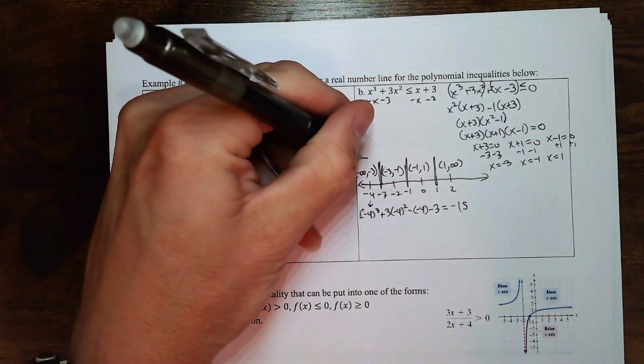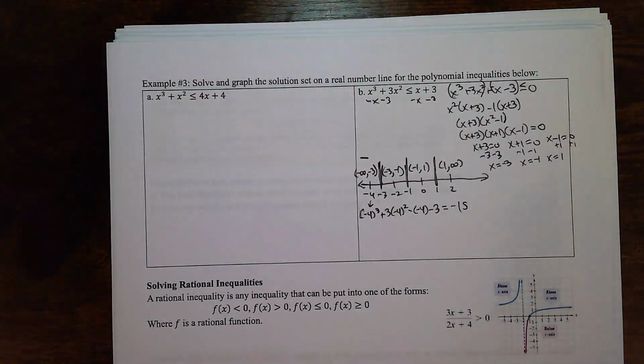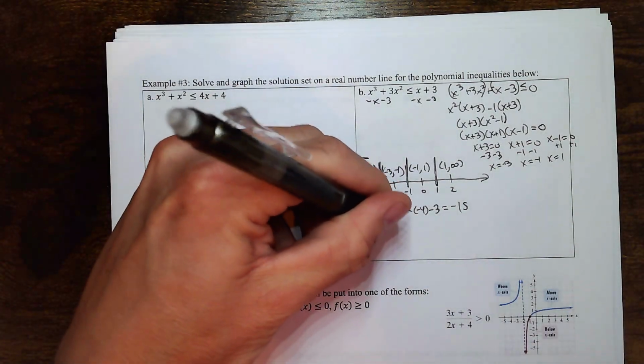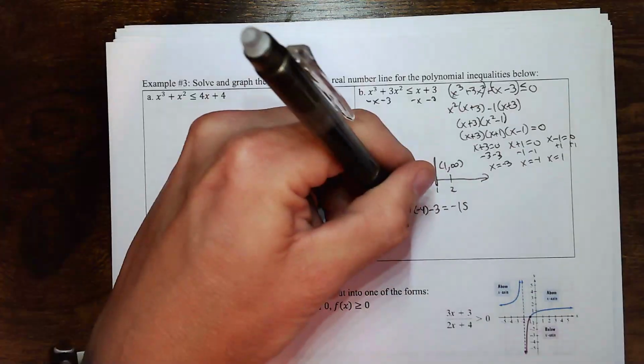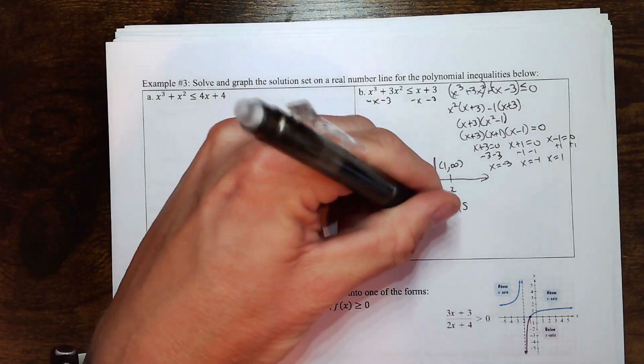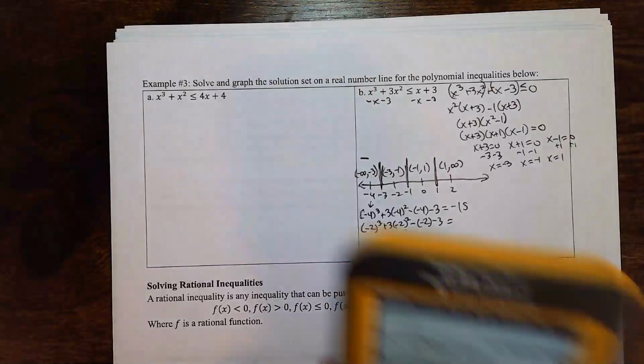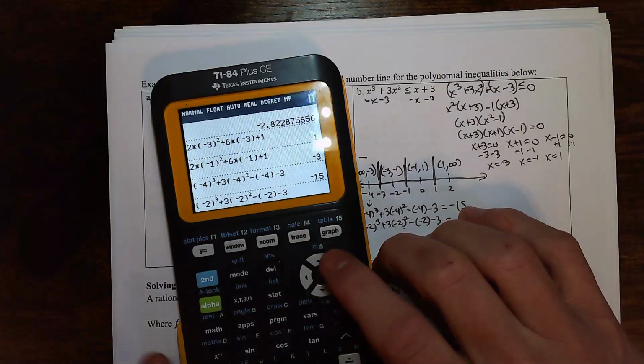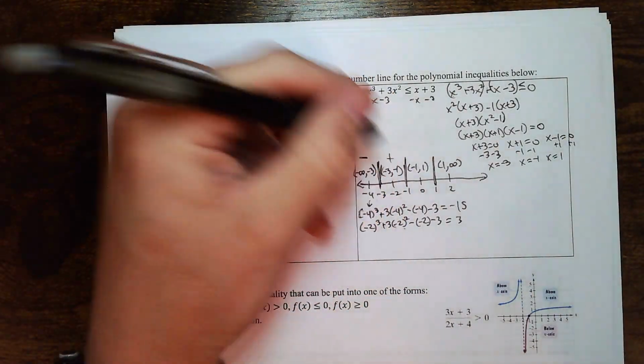So therefore, this one's going to be a negative. We'll do negative 2 for the next test value. So let's go up here and replace these with negative 2. That's positive, so it's 3, so that's positive.